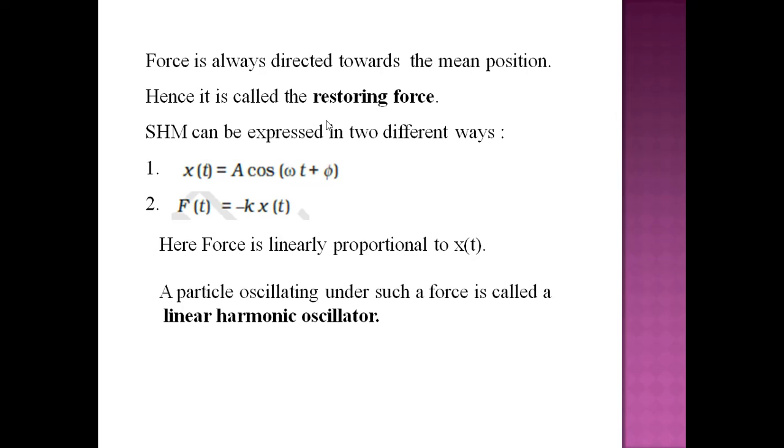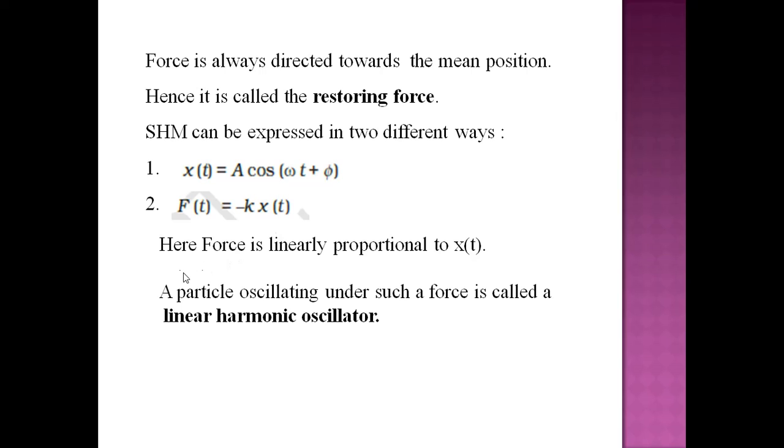Now simple harmonic motion can be expressed in two different ways. The first one: x as a function of time equal to A cos(omega t plus phi), and force as a function of time equal to minus k into x(t).